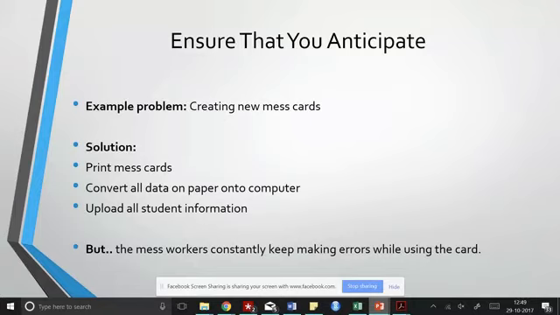And most importantly, the mess workers constantly keep making errors while using the cards. And it's not their fault, because nobody was there to exactly train them through the process of how it should be done. People just assume that they can take care of it.